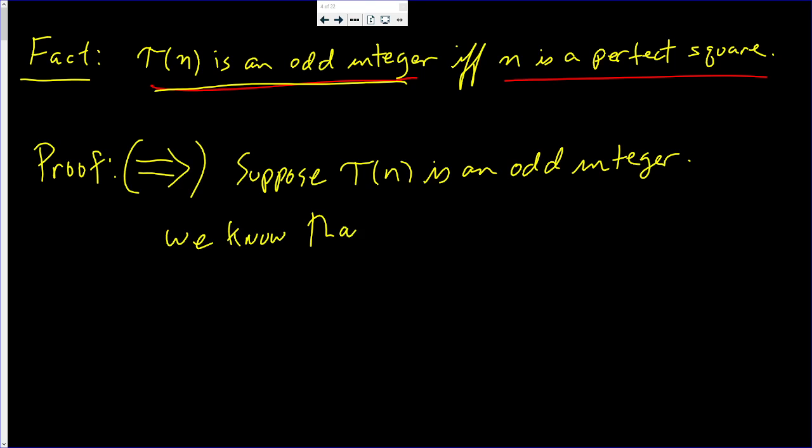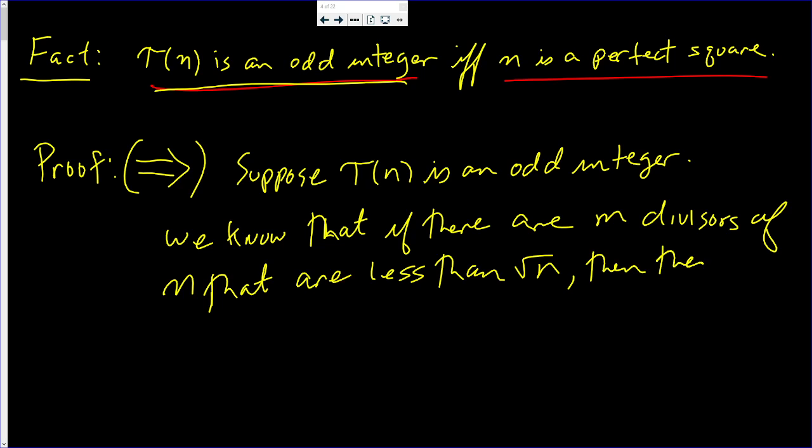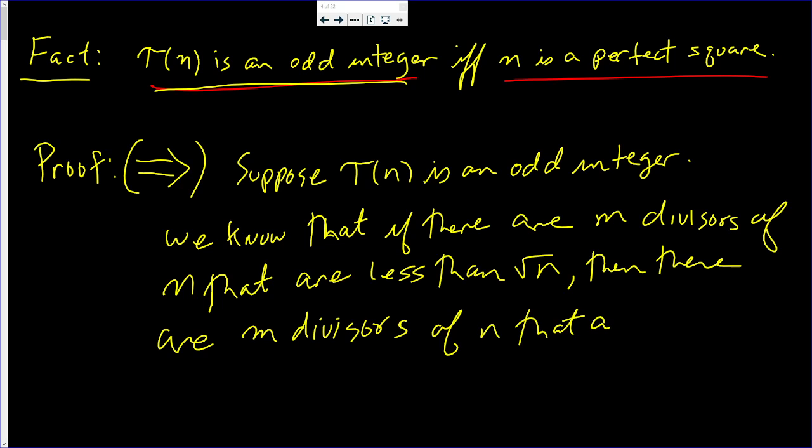We know that if there are m divisors of n that are less than the square root of n, then there are m divisors of n that are greater than.